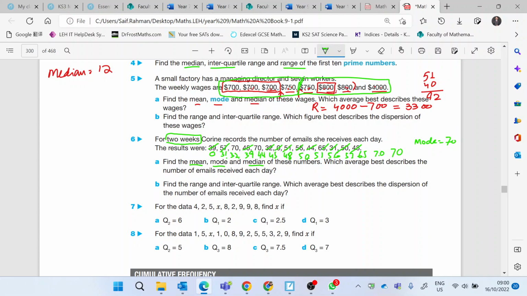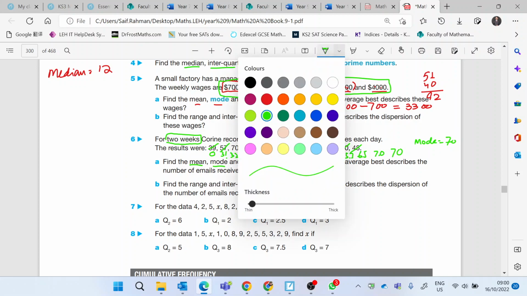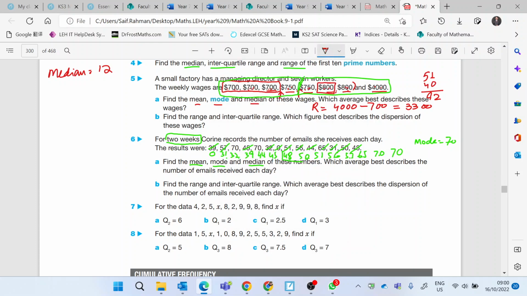And the median is the middle number. So 7 on one side, 7 on the other side. 1, 2, 3, 4, 5, 6, 7. So it will be the middle number between 48 and 50. So that is 49.